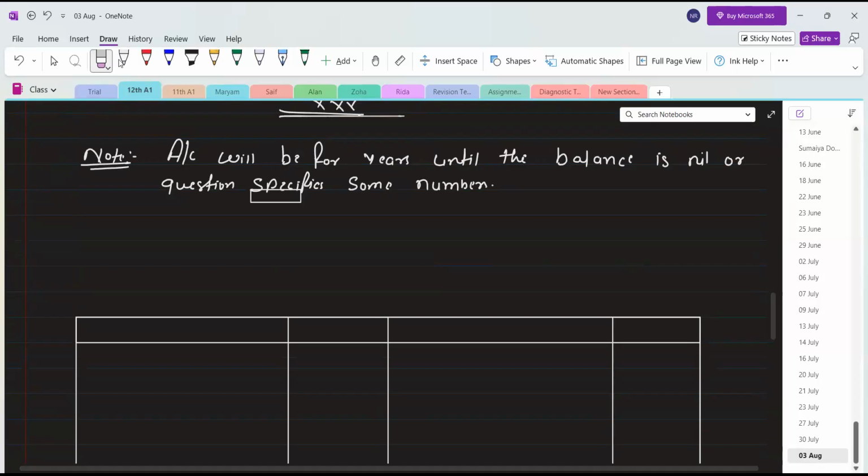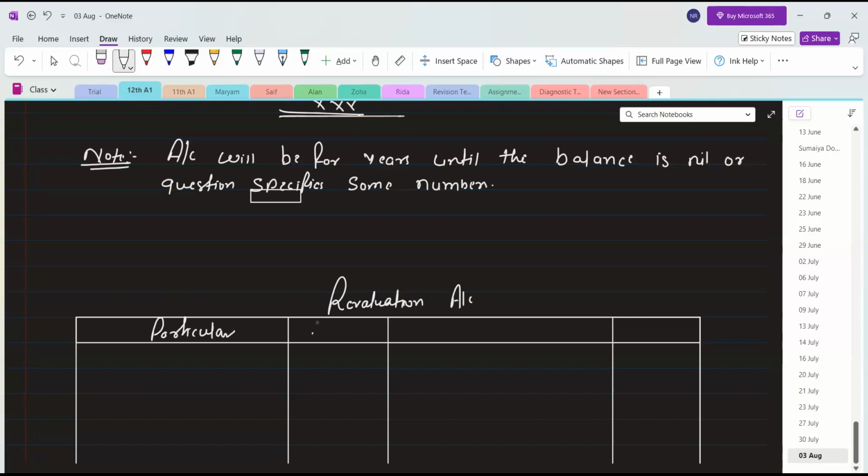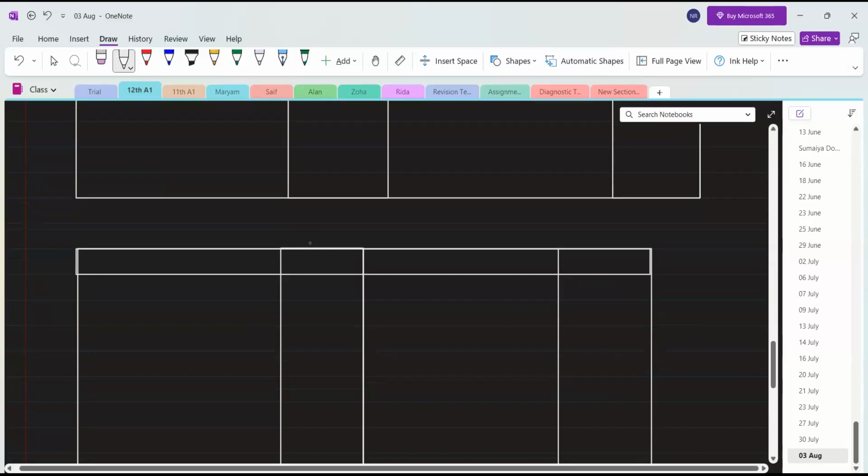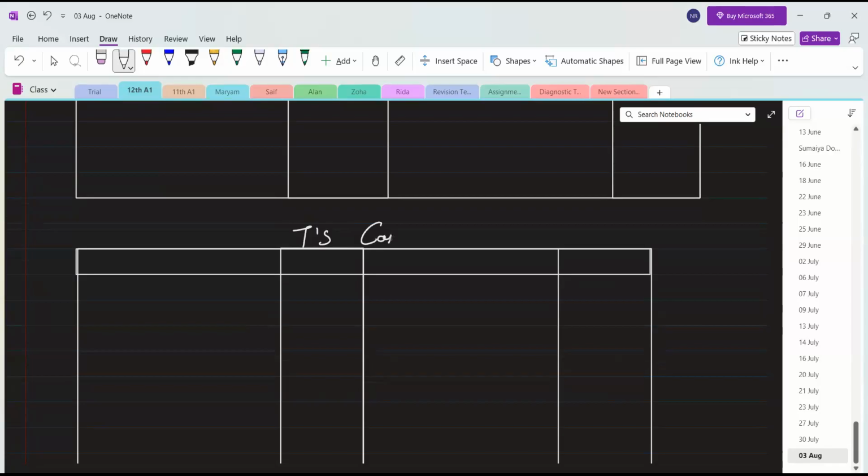So the first account is revaluation account. And then the second account is T capital account.